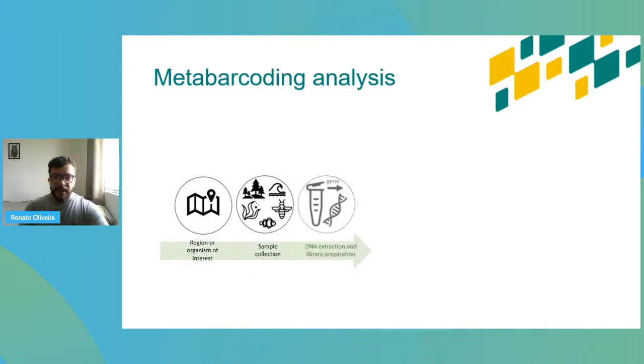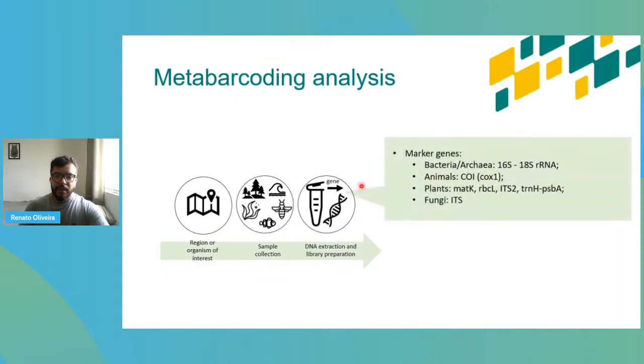Once we have those samples, we can perform DNA extraction and library preparation. In this step, we usually need to define a gene to be amplified. We have some marker genes that are very well established to identify a group of organisms.